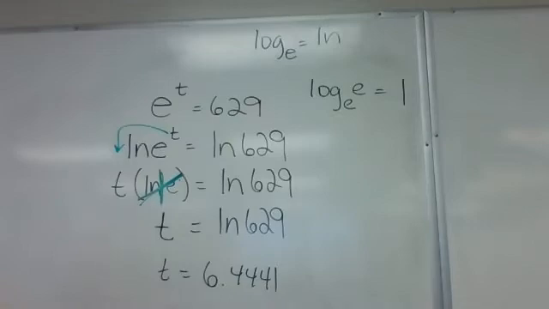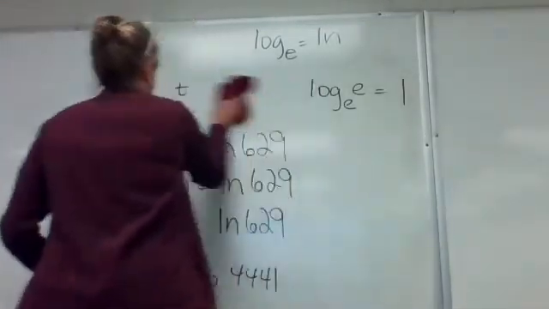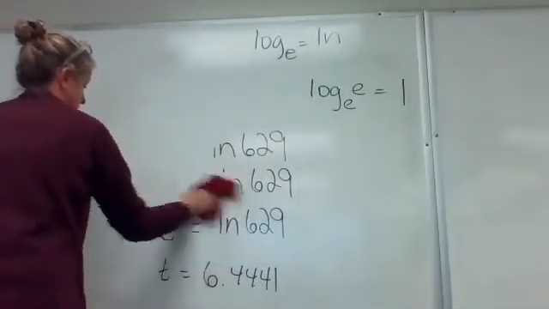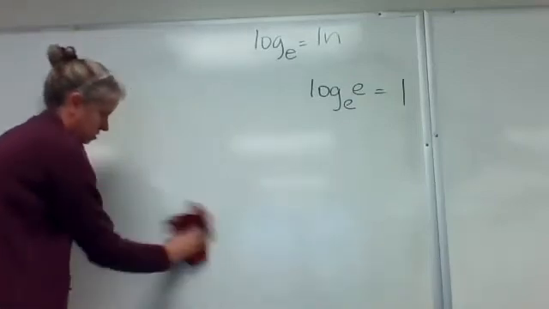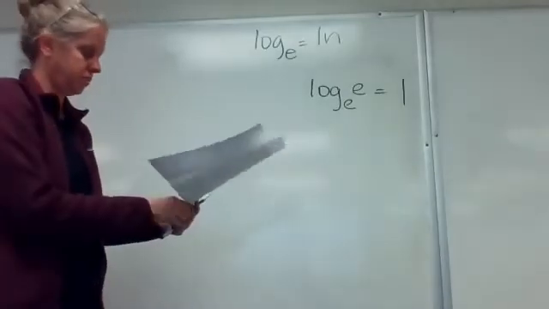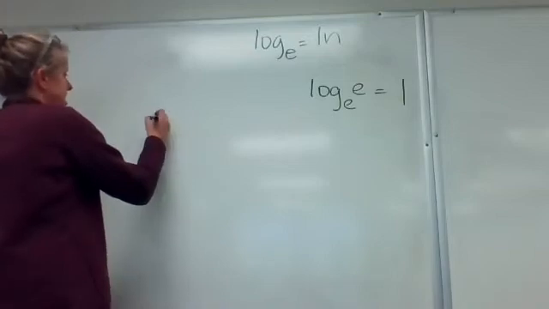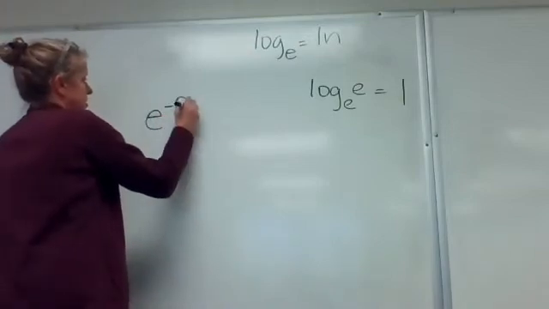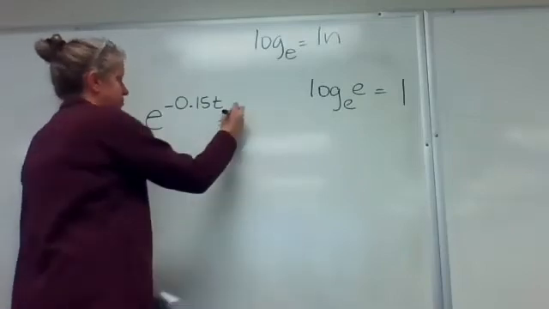Right, number 8. Another one with an E. E to the negative 0.15t equals 0.43.